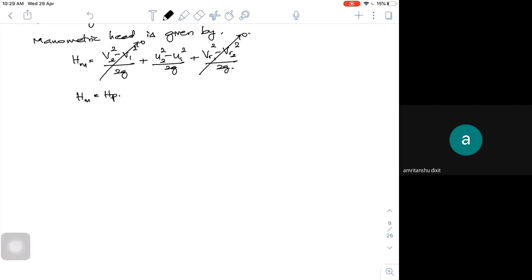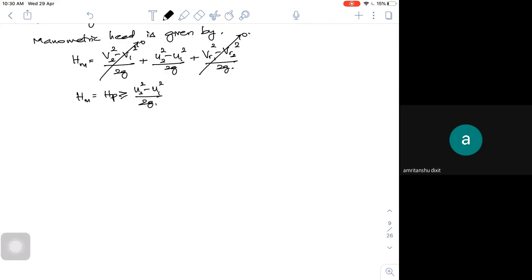See, the required head at that particular point should be slightly above the centrifugal force that is created. That is, HM should be equal to this, simply to make the fluid run inside your impeller.